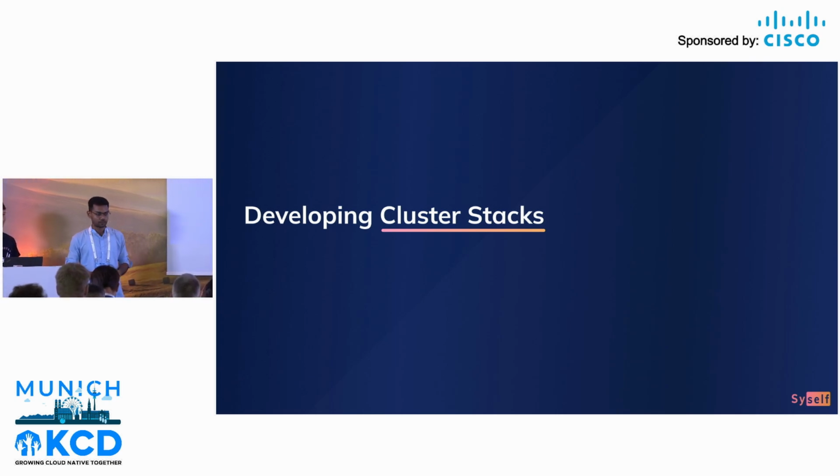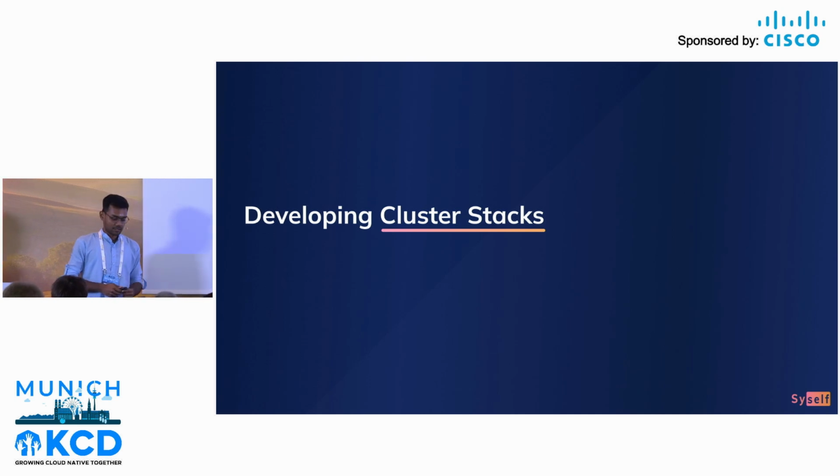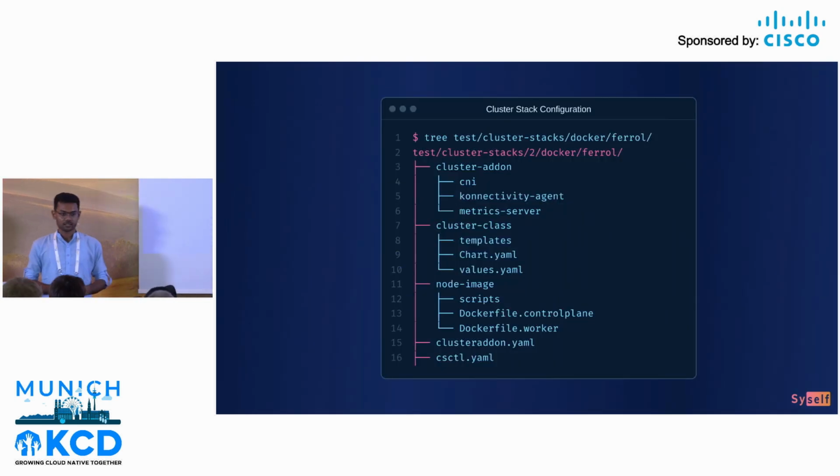Now we want to develop the cluster stacks. To develop cluster stacks, we have configurations from a developer's perspective. There are mostly three components: cluster add-ons, cluster classes, and node images, which typically make up a CAPI cluster.